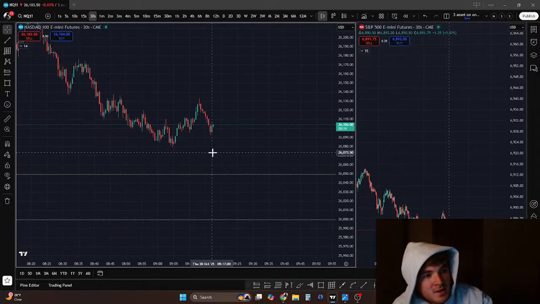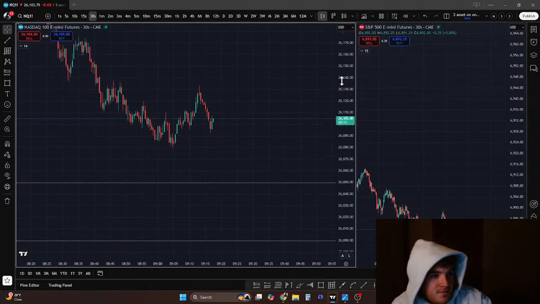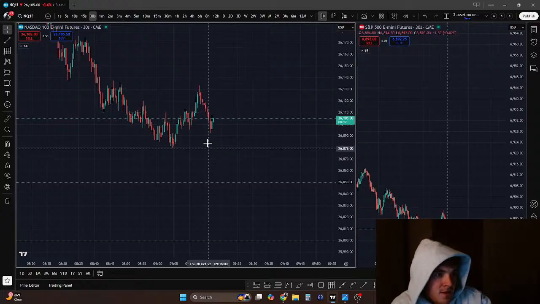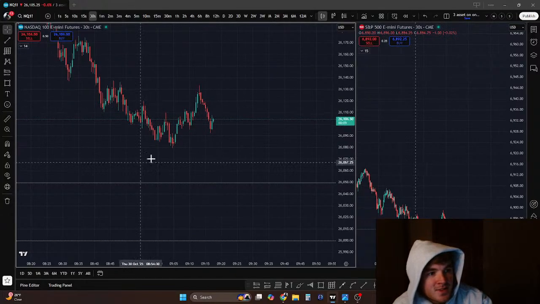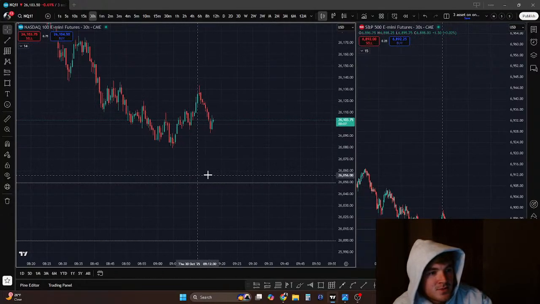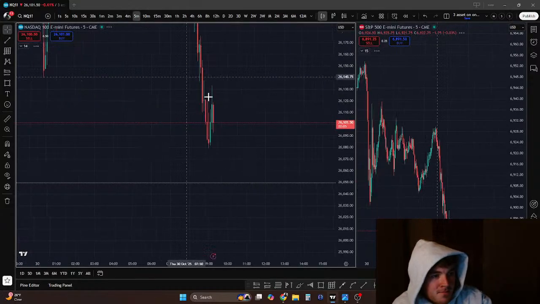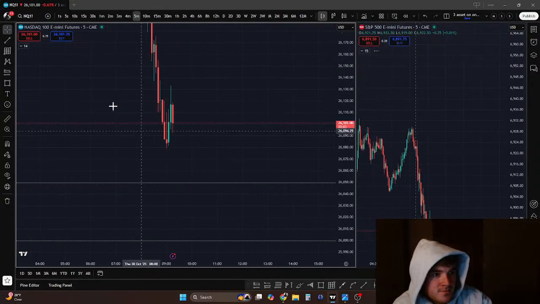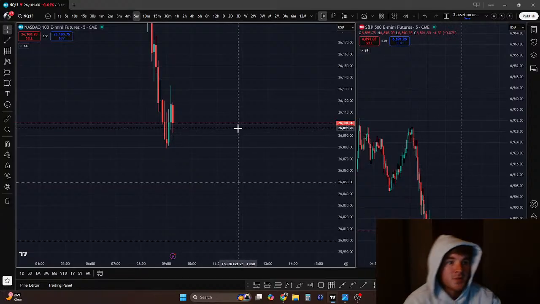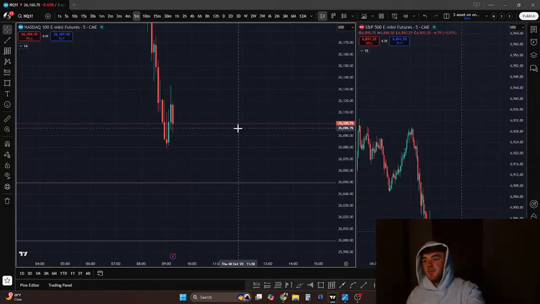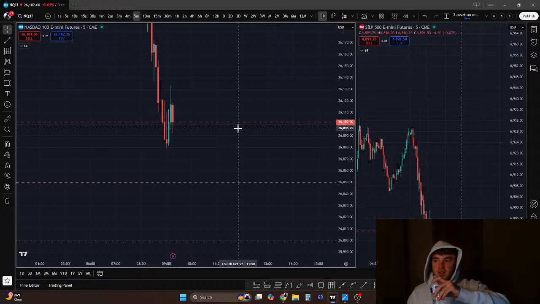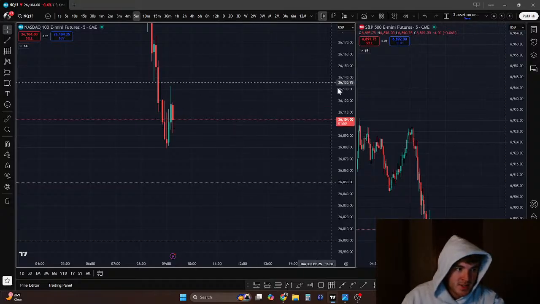So once again, I'm not convinced of anything yet. I want to see the 922 True Open form. I want to see the first presented fair value gap. Could you imagine we get first strike to the downside? If we get first strike to the downside, that's going to be the trade of the day.